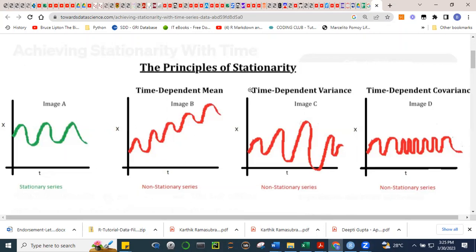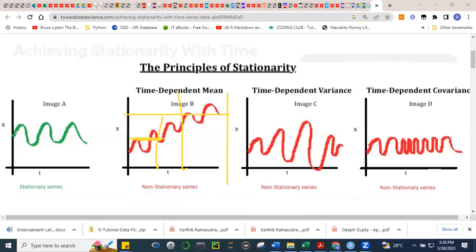Why? Let me annotate this. If I just look at this portion of the time series, the mean is here, the average, around that. But if I take a look at this portion of the time series, the mean is around here. So you notice that the mean of the time series changes with respect to time.